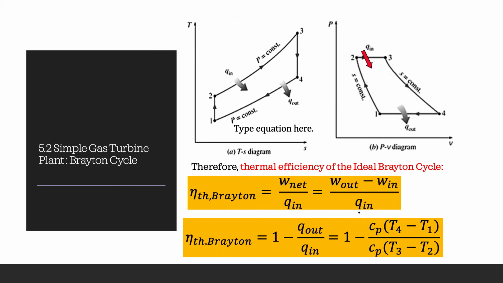Or we can write the thermal efficiency of a Brayton cycle with this formula: 1 minus Q out over Q in is equal to 1 minus Cp (T4 minus T1) over Cp (T3 minus T2). That's all for the simple gas plant for the Brayton cycle.